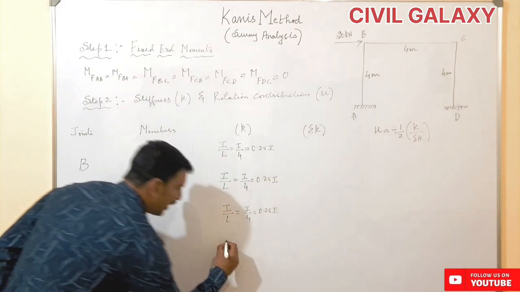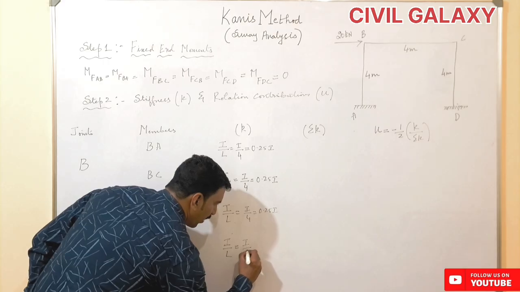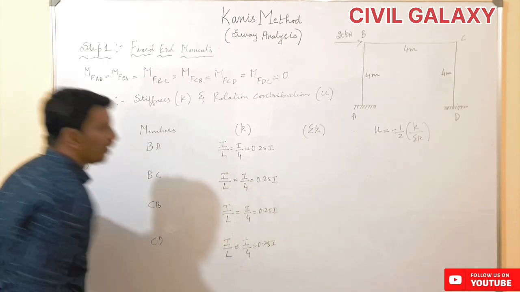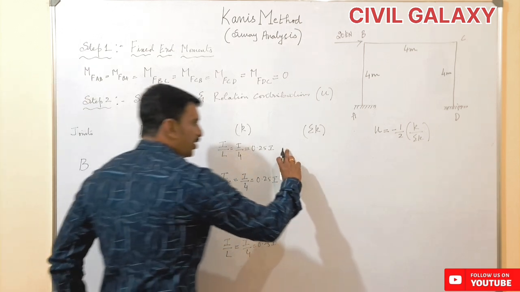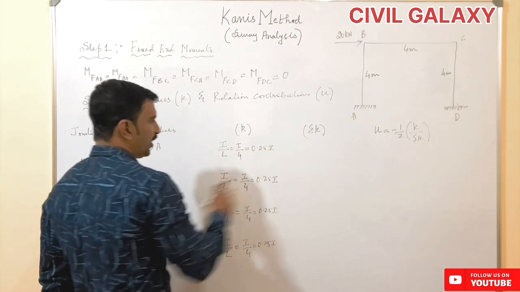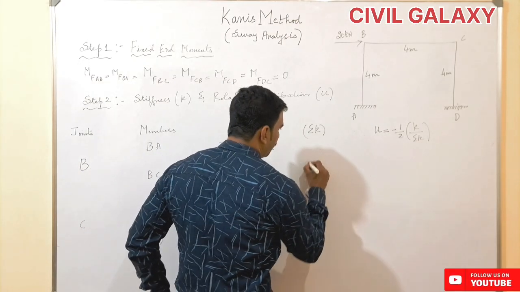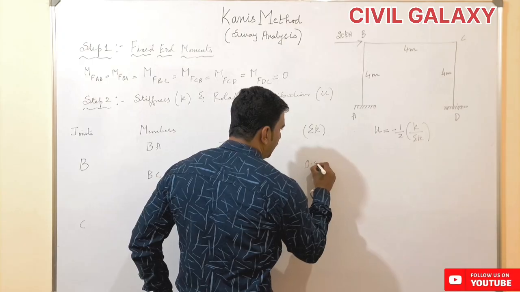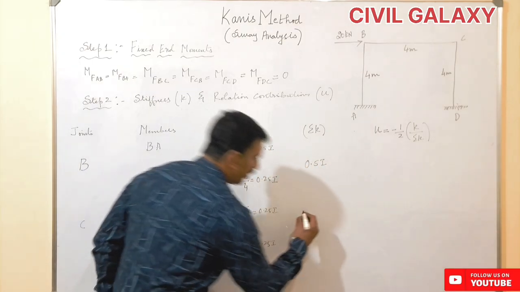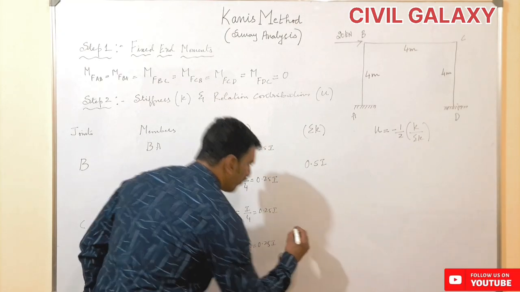So it will be I upon L, which is I upon 4, 0.25 I. Now we have to take the summation of the two members about joint B. So 0.25 I plus 0.25 I, we are getting a value of 0.5 I. Here also 0.25 I plus 0.25 I, we have a value of 0.5 I.